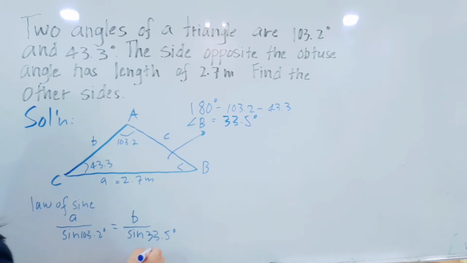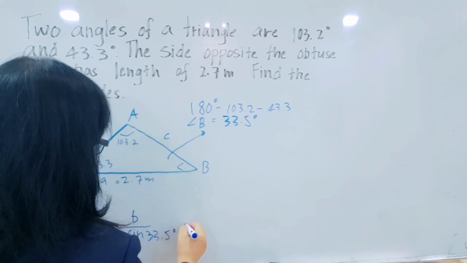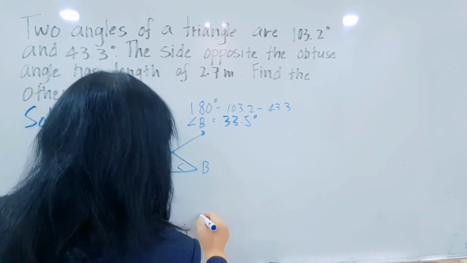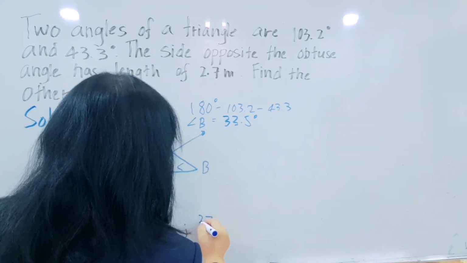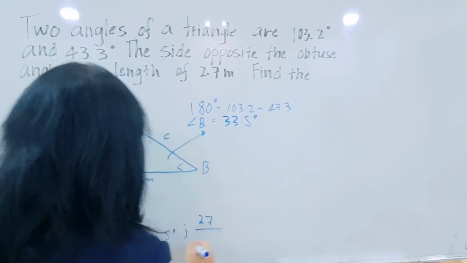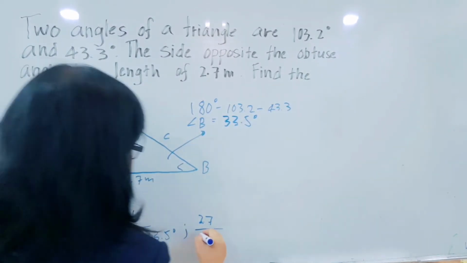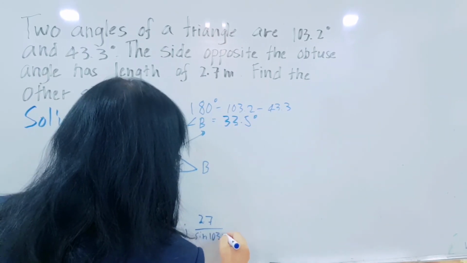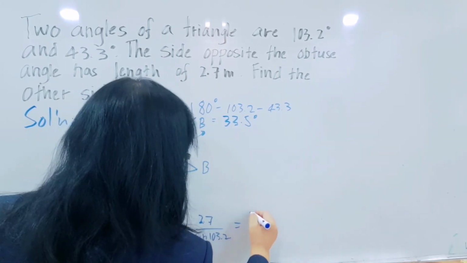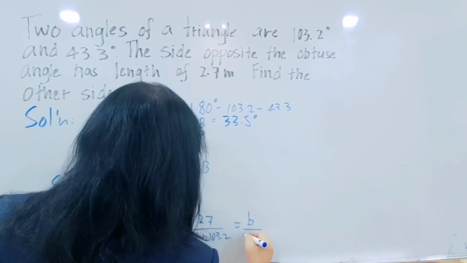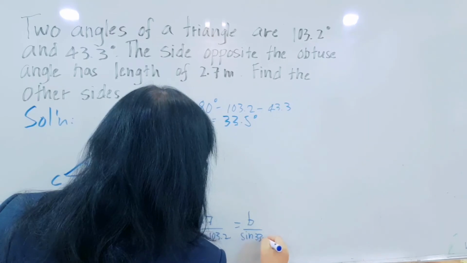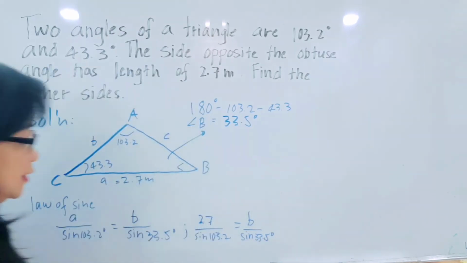Now, we can substitute the values. A is given to be 2.7. So, 2.7 divided by sine of 103.2 is equal to B over sine of 33.5 degrees.